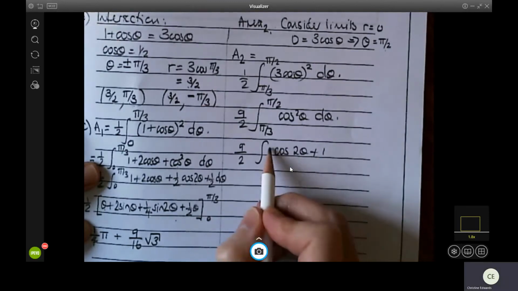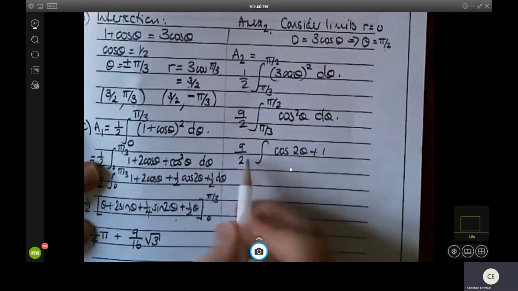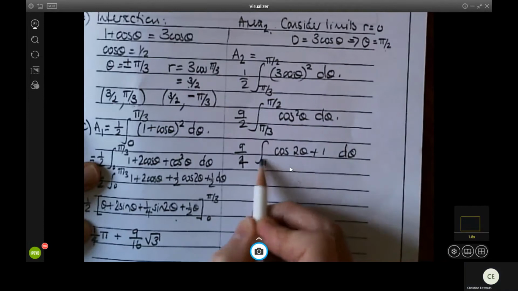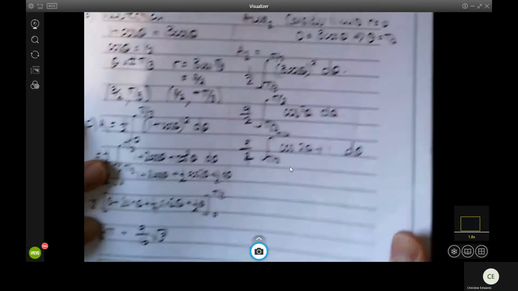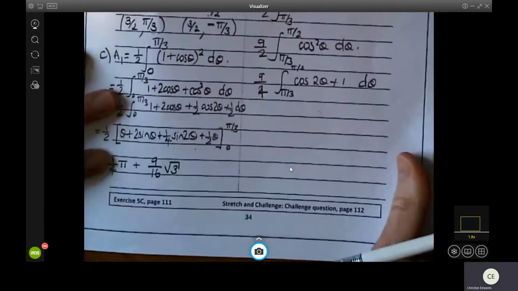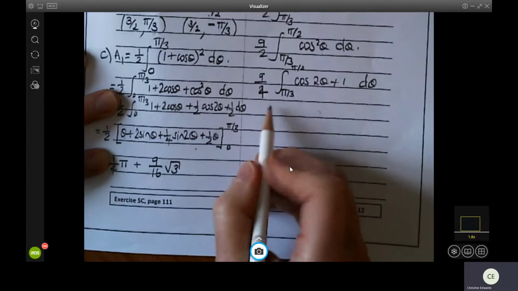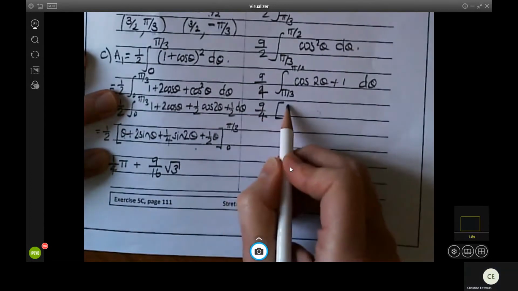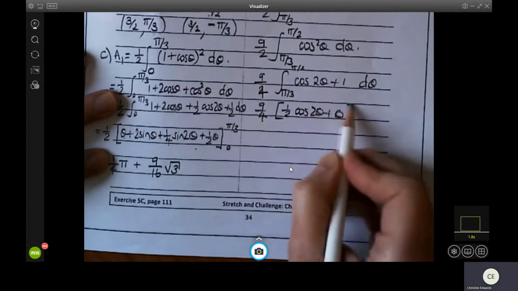We can put, actually that's going to have a half with it, so let's make that a 4 theta. Integrating, we will get a half cos 2 theta.